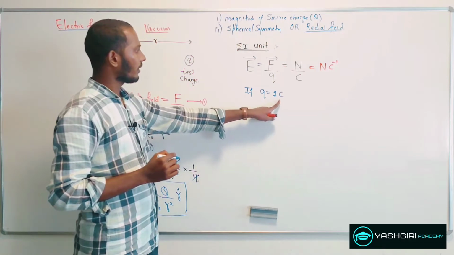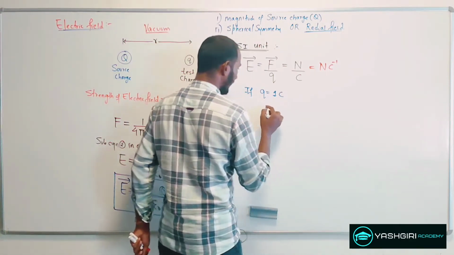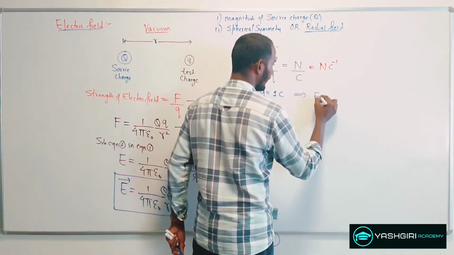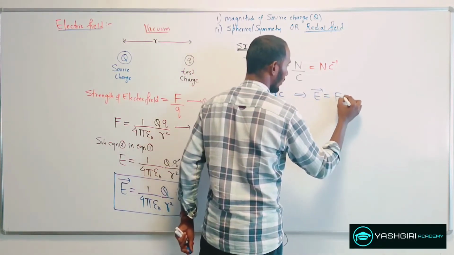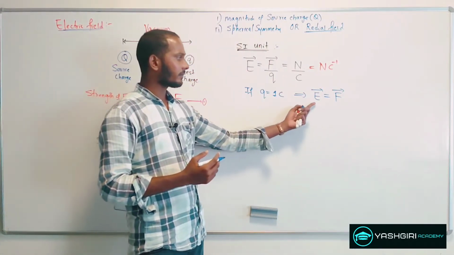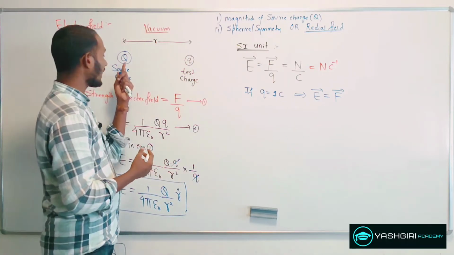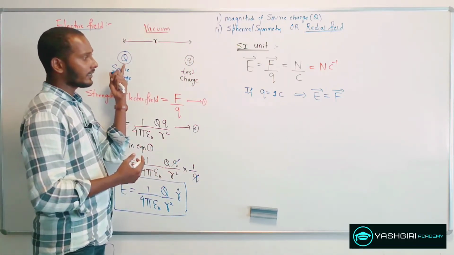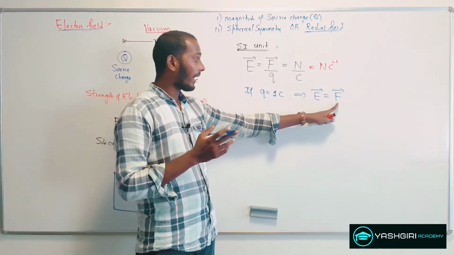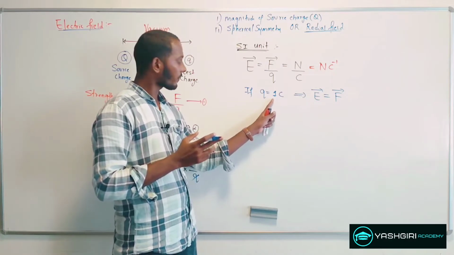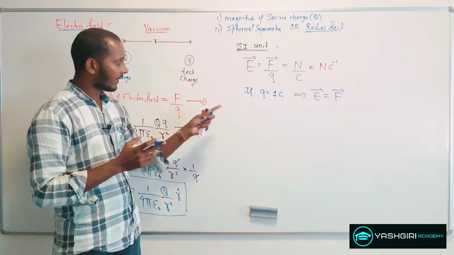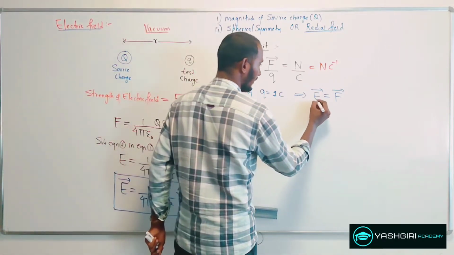Then the electric field vector E will be equal to the vector F. So I can define the electric field that is produced by a charge capital Q as the force experienced by a unit positive charge when it is placed at some position. That is how I can define what an electric field E is.